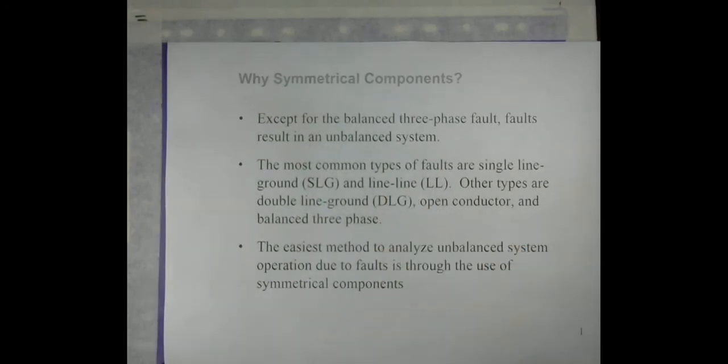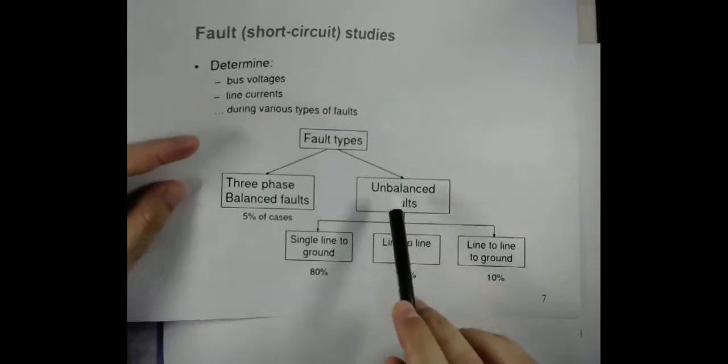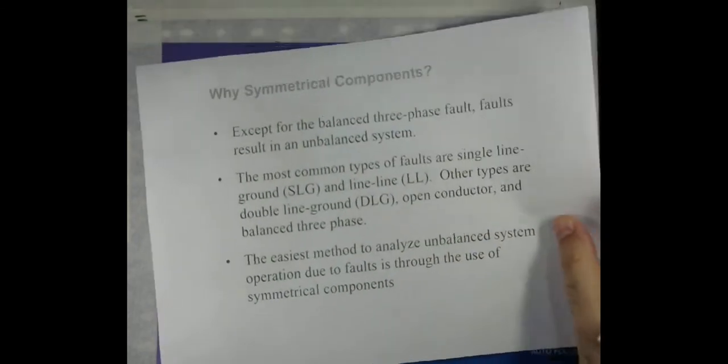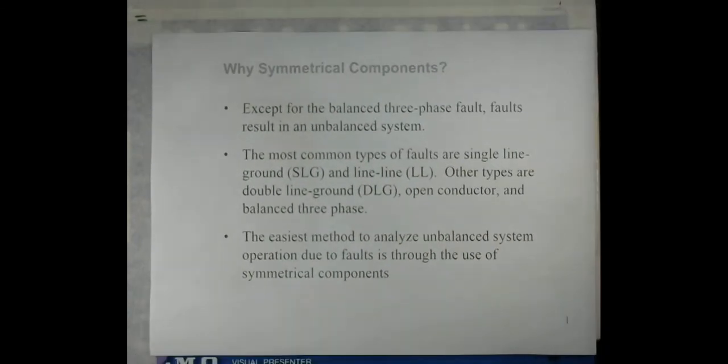That's why we need them. So unbalanced faults are analyzed using symmetrical components, and we will be talking about the symmetrical components in this particular lecture. So let me proceed.